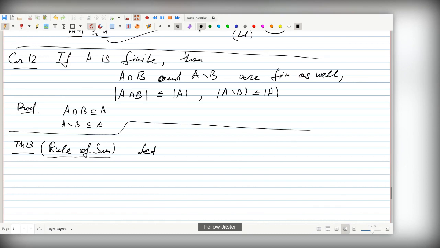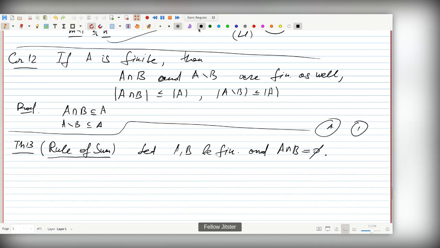So let A and B be finite. Let us consider two finite sets which are also disjoint. This is an additional property we will get rid of. Let us consider two finite disjoint sets. Then I say that A union B, another set, is also finite.